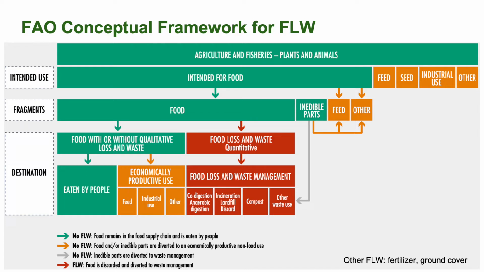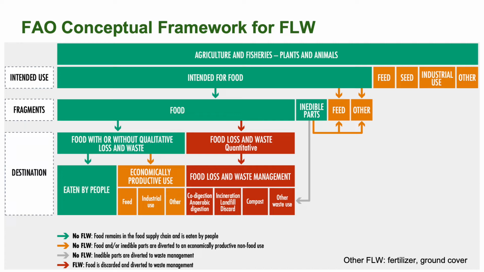From this, we have the products that are intended for human food, and at this point in time, when we look at the destination, food with or without qualitative losses can be eaten by people, or if there have been too many qualitative losses and damages, it can go into other economically productive uses. For example, if green beans do not meet export standards, they can go and be used as cattle feed, which is not considered a loss or waste, as it's still contributing to some sort of economically productive use.